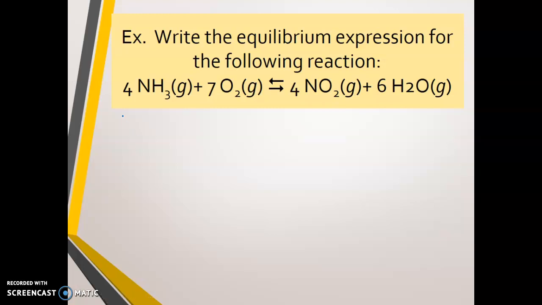So for our equilibrium expression, writing the equilibrium constant, we're going to look at the products because those are on the top.